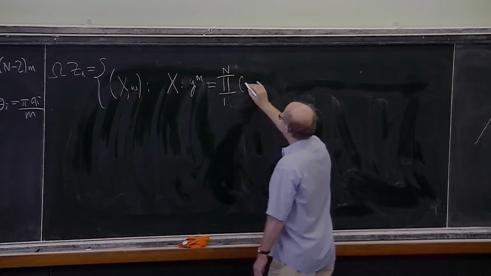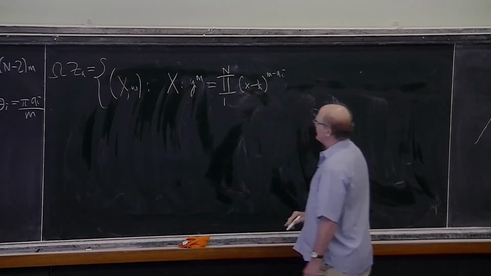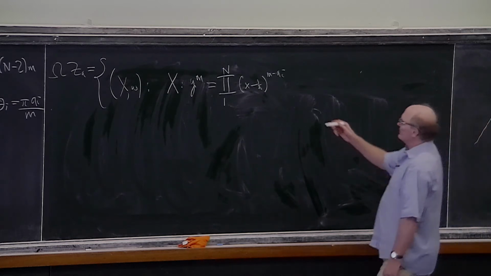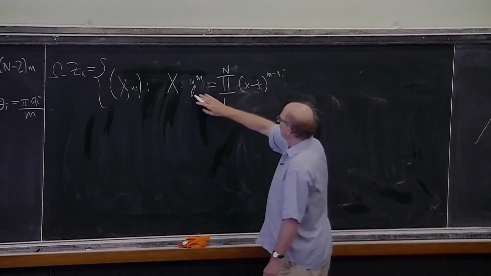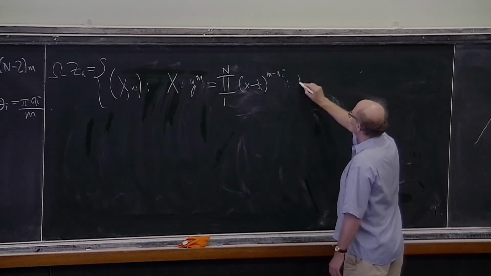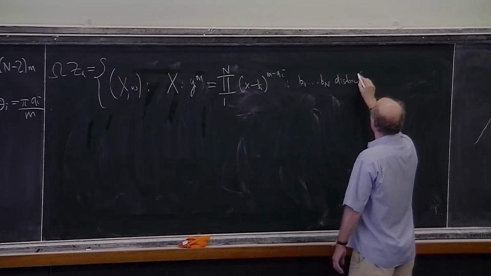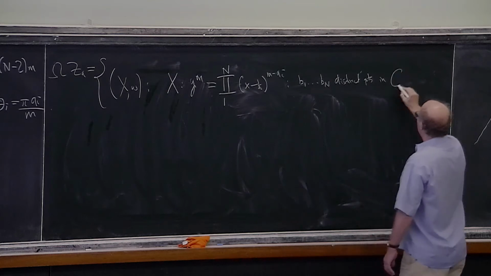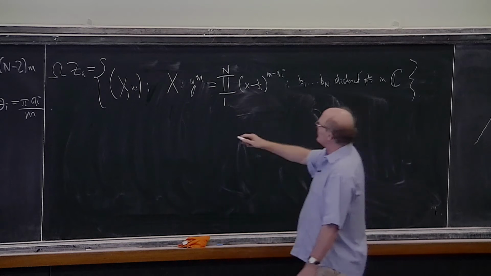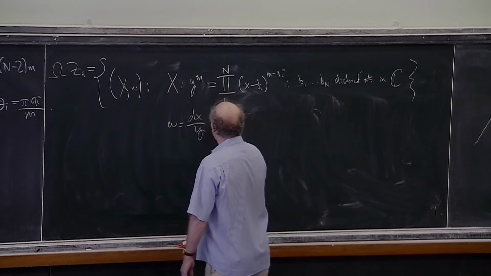So defined by an equation like this, x minus bi to the m minus ai is equal to y to the m. So that's an equation in the projective plane when you complete it, or it presents a curve which is an m-fold cover of P1 branched over these points, where B1 up to Bn are arbitrary distinct points in the complex plane. That's x. And then once you've written down this equation for x, the corresponding 1 form is given by dx over y.